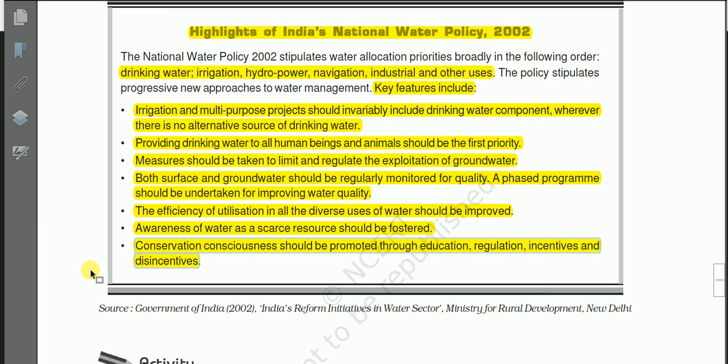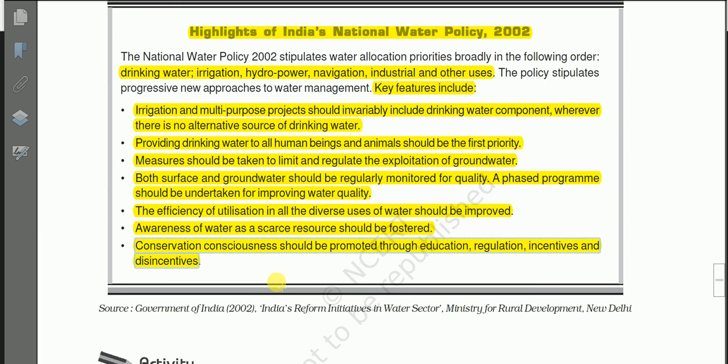Then incentives should be given, and disincentives should also be imposed. Disincentive means a fine. For example, when somebody is polluting the river, at that time we can impose some kind of fine. And when somebody is doing very good work, we may give them incentives, prizes.